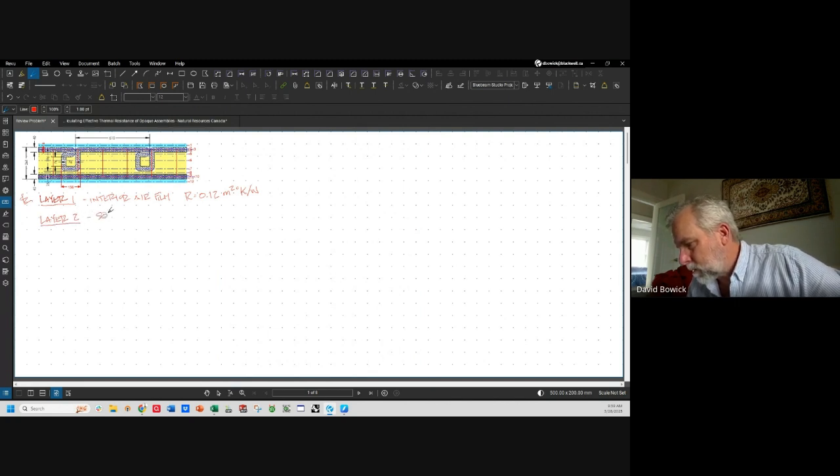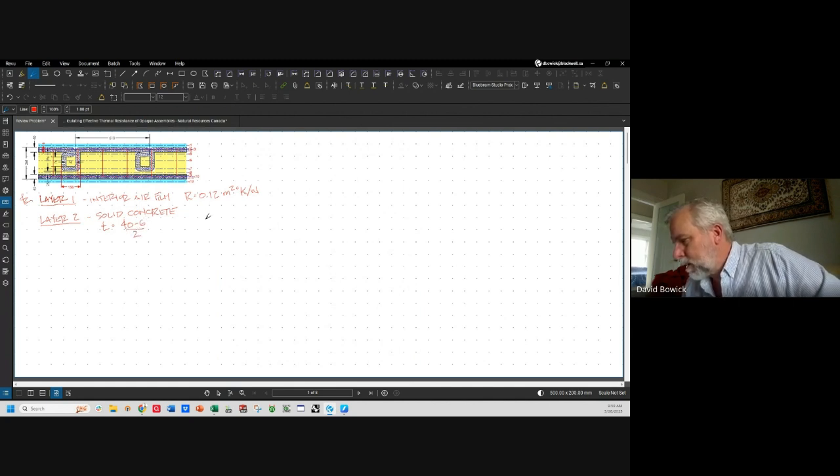This is solid concrete. Thickness, the thickness T equals 40 minus 6 over 2.